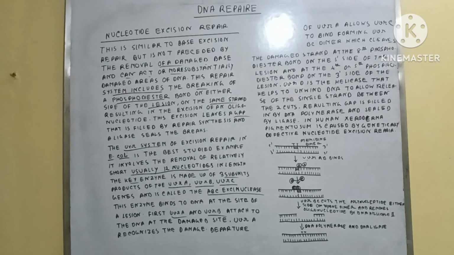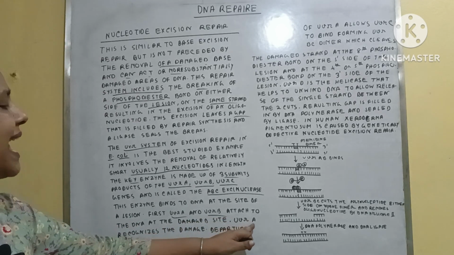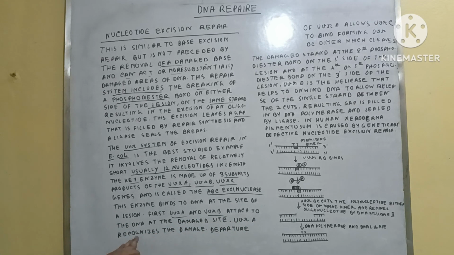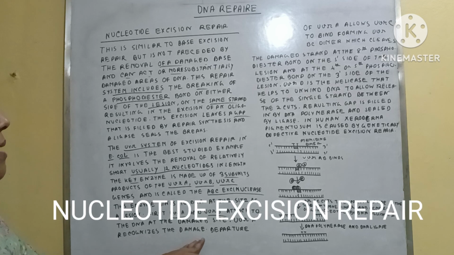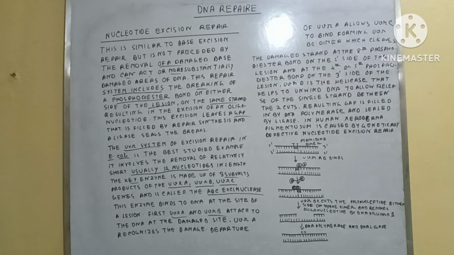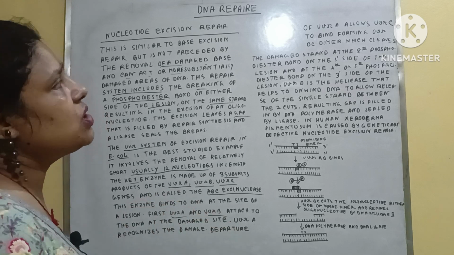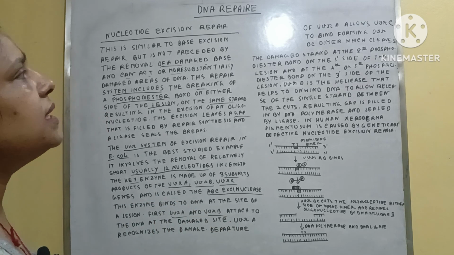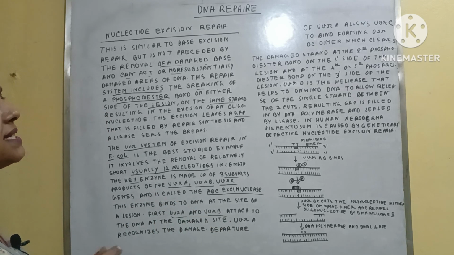Okay. And UVR A's function is that it can recognize the damaged site. What is the function of UVR A? It can recognize the damaged site of the DNA strand. And the departure of UVR A allows UVR C to bind, forming UVR BC.